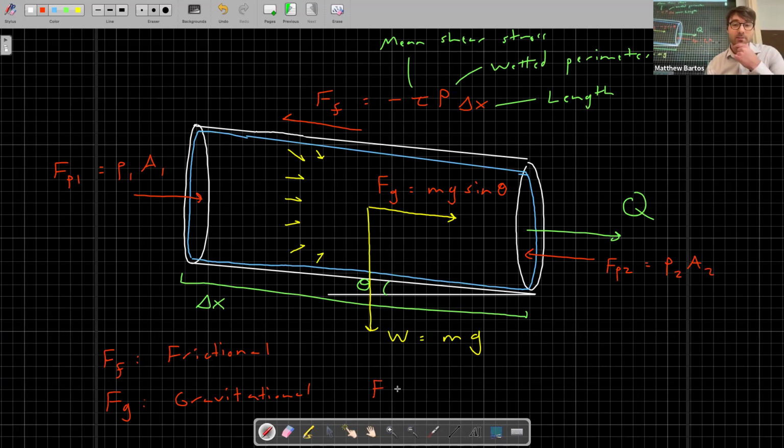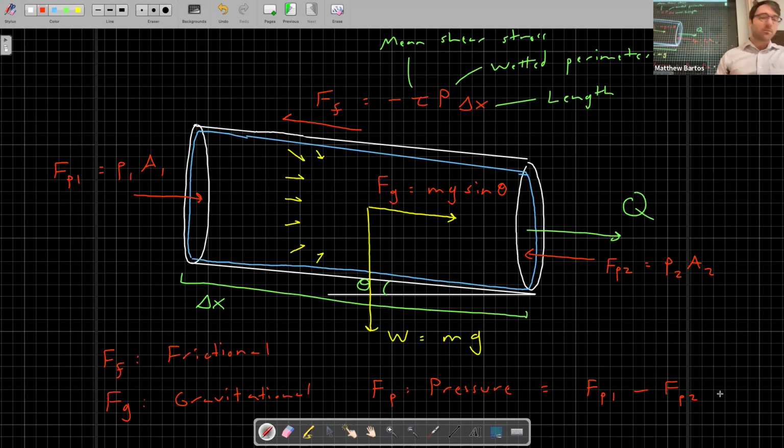So FP, our pressure force, is going to be equal to FP1 minus FP2. Okay, so it's the net pressure force. All right, and those are the major forces that we're going to need to account for. You may run into some other forces if you're looking at things like minor losses, which we'll talk about a little bit later, but these are the major ones we have to account for.